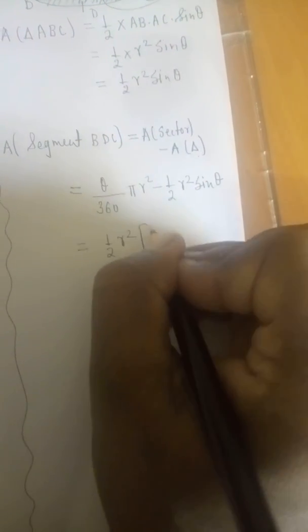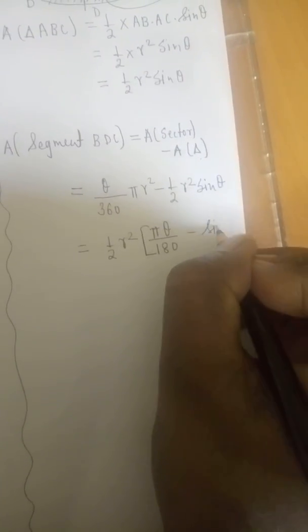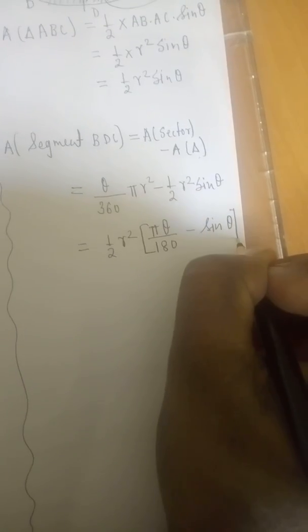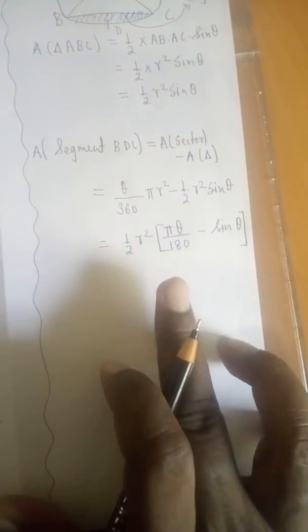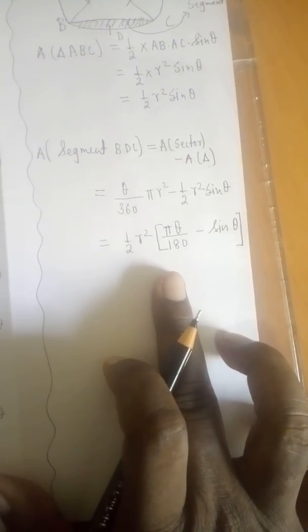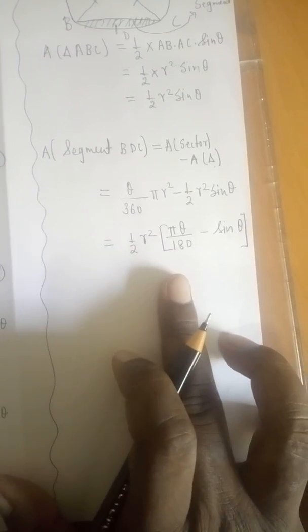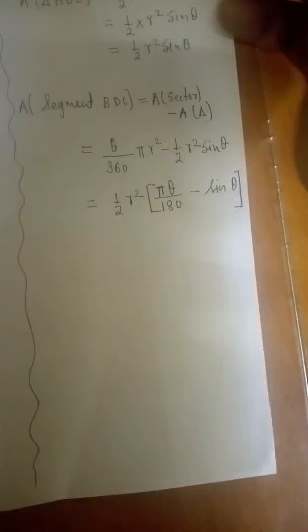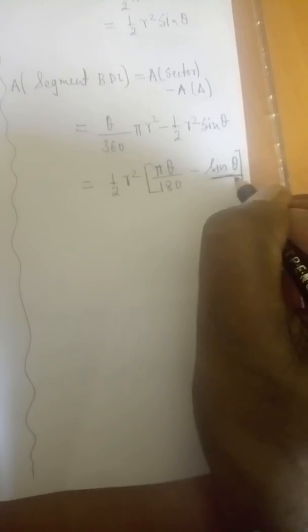What is the remaining? Pi theta upon 180 minus sine theta. So friends, this is the final formula for area of segment, which we can use provided that the central angle is given and you should know the sine ratio of the given angle.